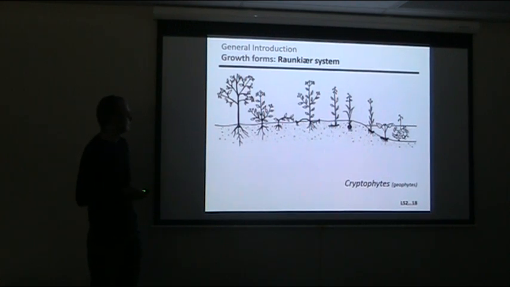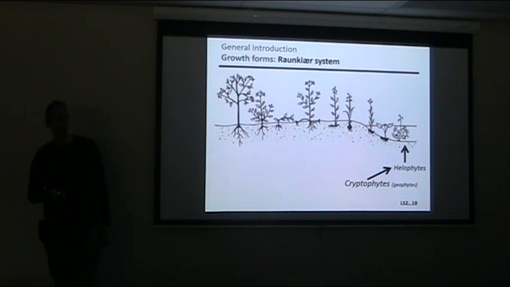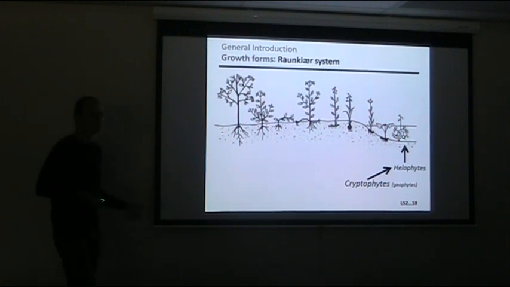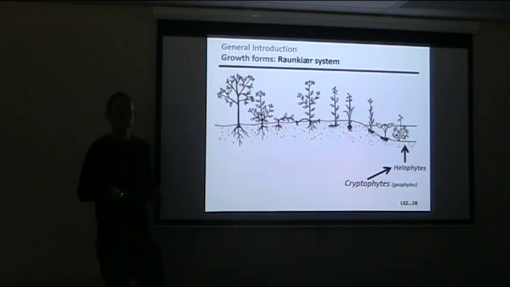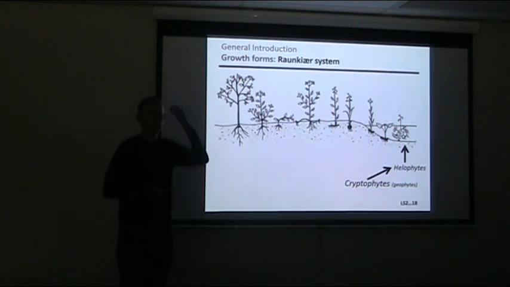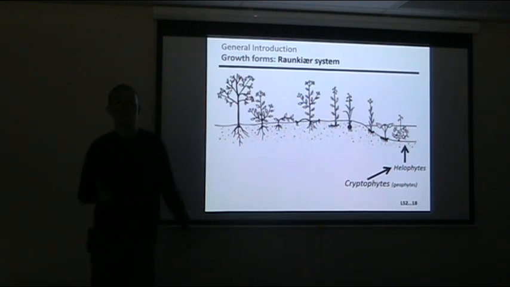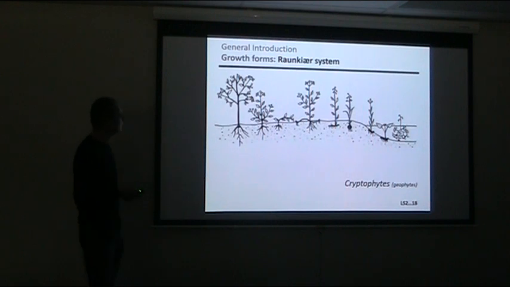Hydrophytes, and then your helophytes as well. So this is just one system. It's used very commonly in the literature, so you do need to know these really bad jargon words. I think we could come up with much better standard terminology, but we're going to stick with what the literature says.